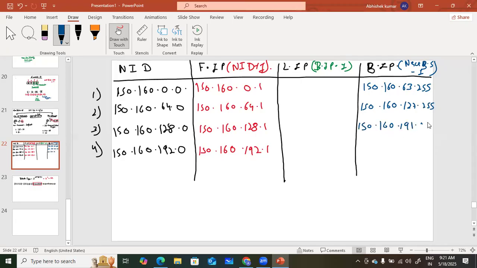150.160.192. Okay, I have a question. Yes, please. Why is it not 0 and 255? You're saying that according to you, 255 will be the last and 64 would be here, 64.255, isn't it?